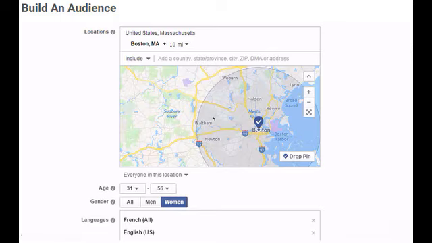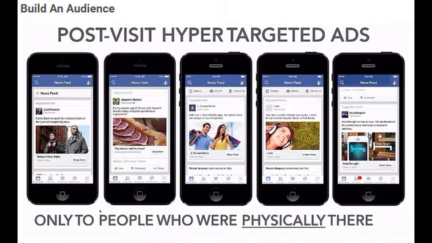And once they leave, we're able to convey contextually, remember that word, context, the context of the ad, as Gary Vee said, in the context is king. These are hyper targeted ads that are specifically geared toward the customers who are physically there.